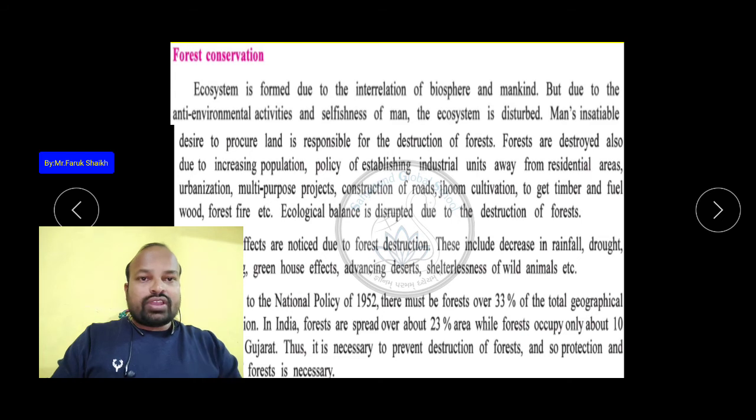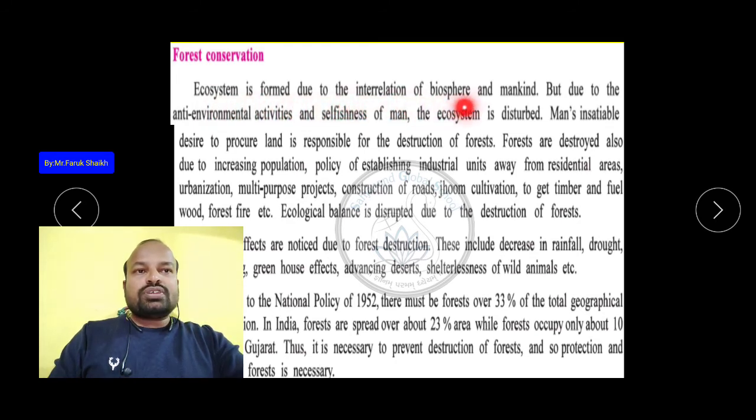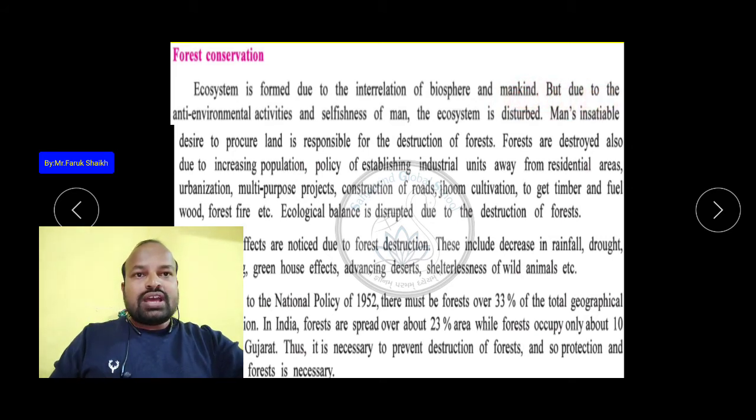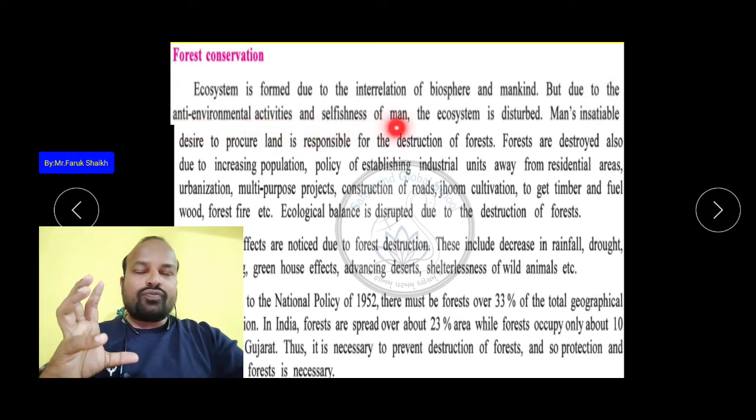Let us see how we can conserve our forest. The ecosystem is formed due to the interrelation of biosphere and mankind. The biosphere and mankind are both interrelated, but due to the anti-environmental activities and selfishness of man, the ecosystem is disturbed.